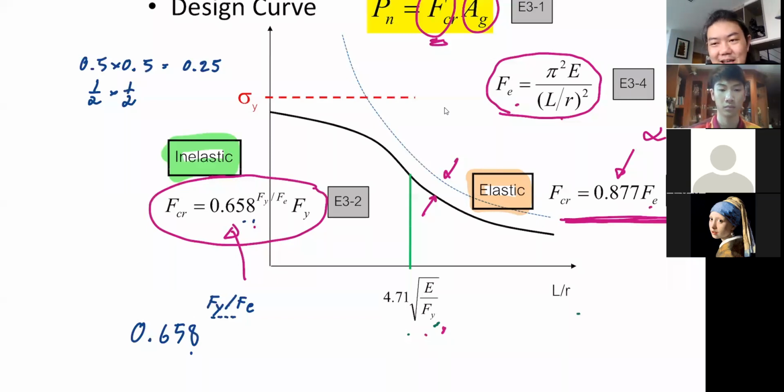Let's try to make L over R as close to 0 as possible, and we have the strength of infinite. So that's not going to happen, because we have the material that will yield. So we will have this limit, and we have the out of straightness problem that will reduce this curve onto this bow curve.